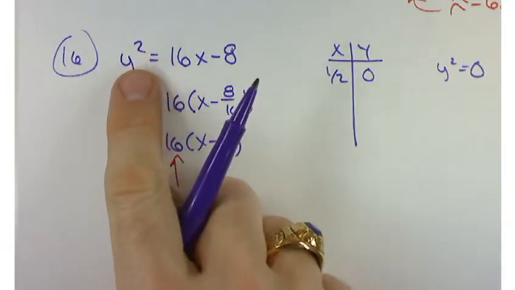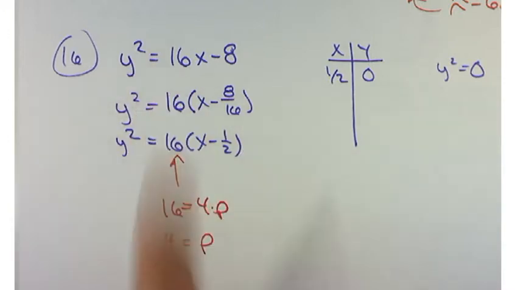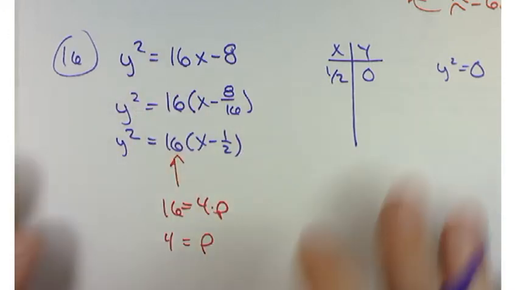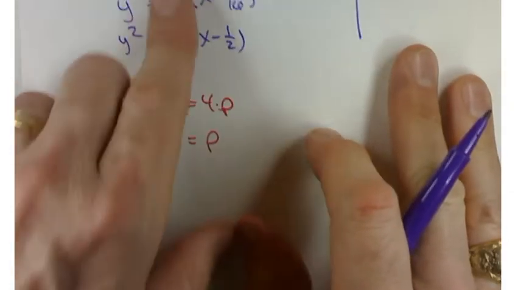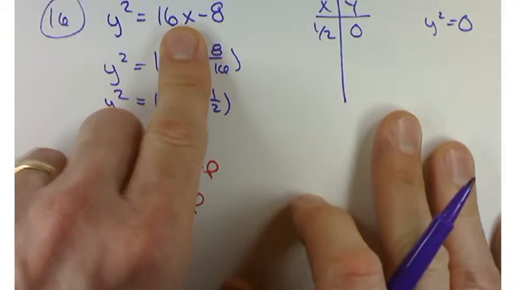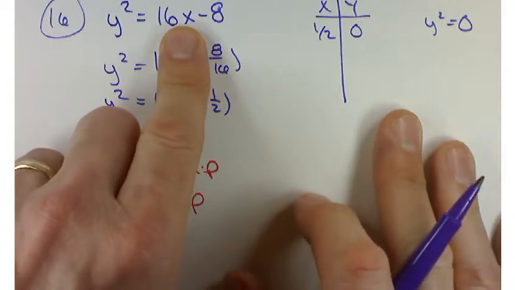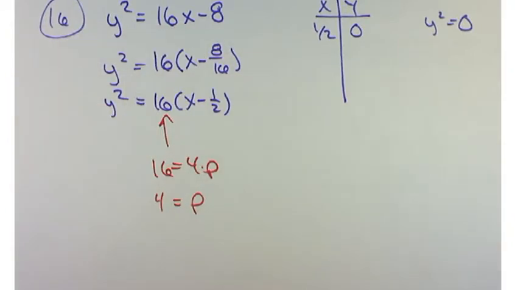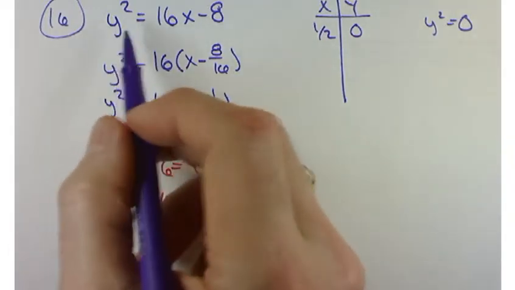In fact, if you wanted to figure out a little bit more about this graph and how it might open, let's just solve for x here. Let's graph a couple points. Now, your graphing calculator is not really going to be very good at graphing points for you here, because you have to solve for y in your graphing calculator.